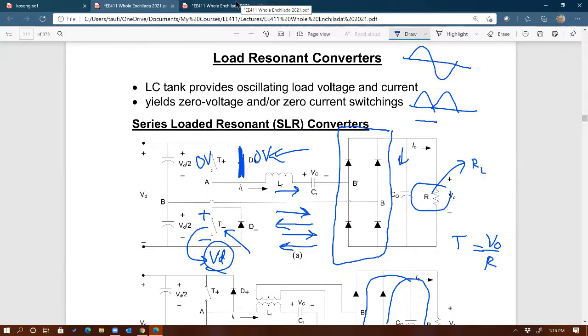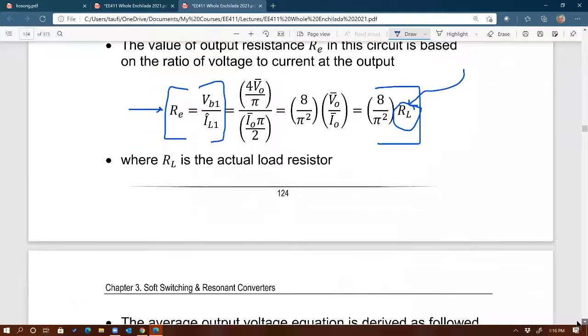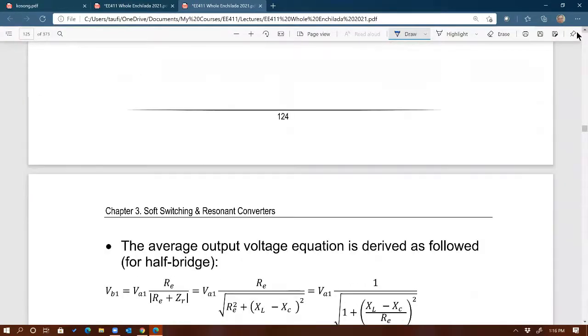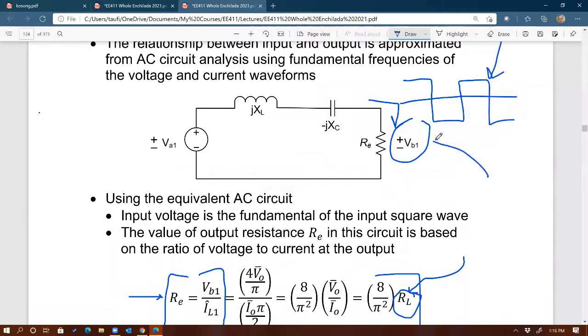Okay. All right. So now I have all the parameters I need. So if I have this circuit right here, and here's our output voltage, how do you get VB1 from the source right here? Well, that's just a voltage divider.